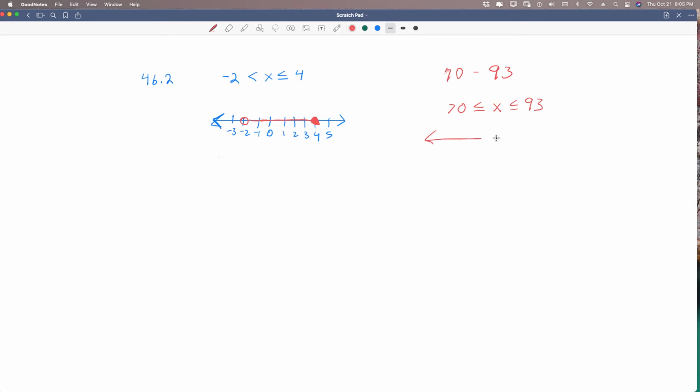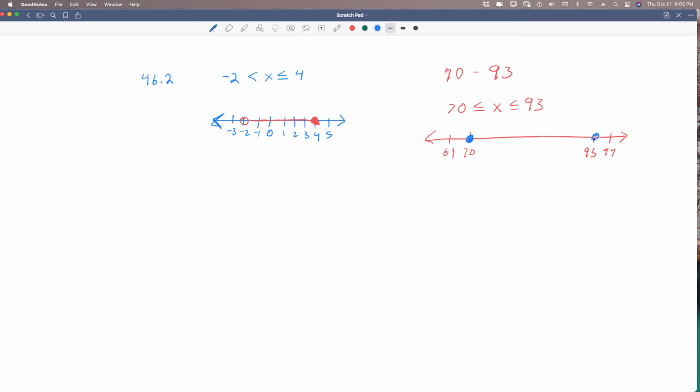And then we would draw a little number line, and put 69, 70, 94, and 93.